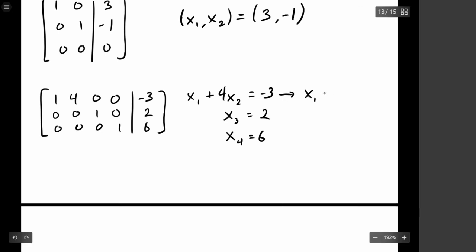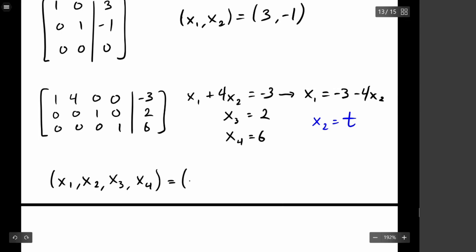So we'll solve for x1 here. And then what we're going to do is set the parameter x2 equal to t. And then our solution, x1, x2, x3, x4, is -3 minus 4t, t, 2, 6.